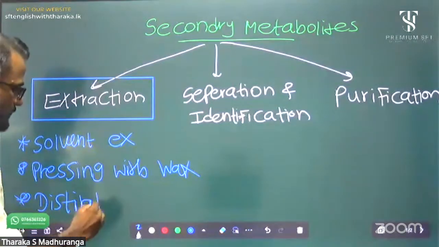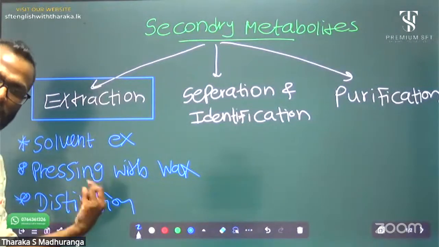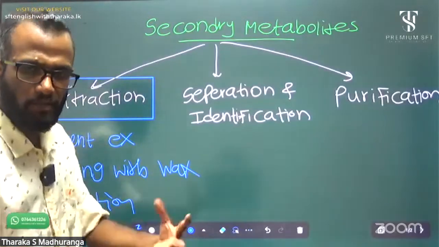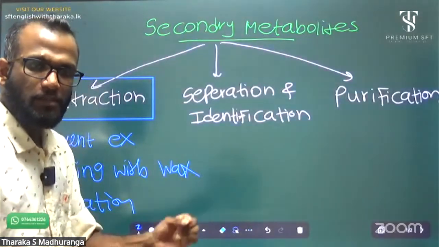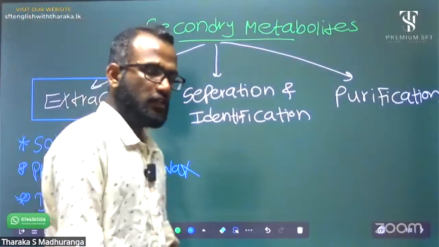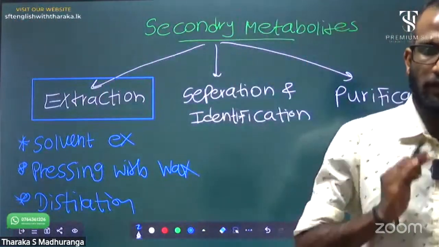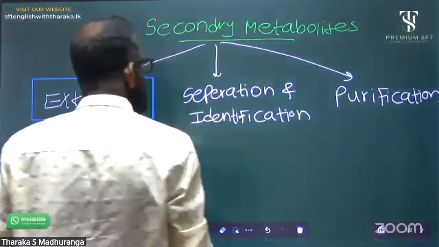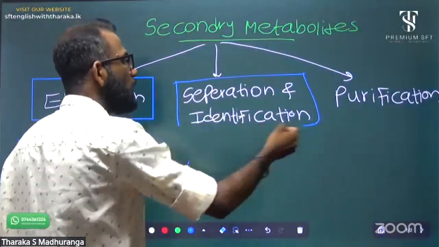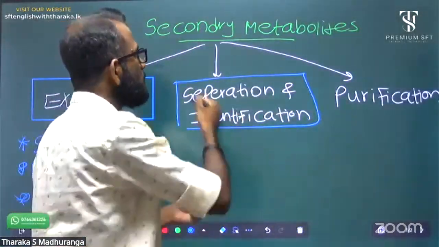Distillation. I told you there are three main types of distillation: simple distillation, steam distillation, and fractional distillation. Then, the separation and identification technique. I told you the main method is chromatography.